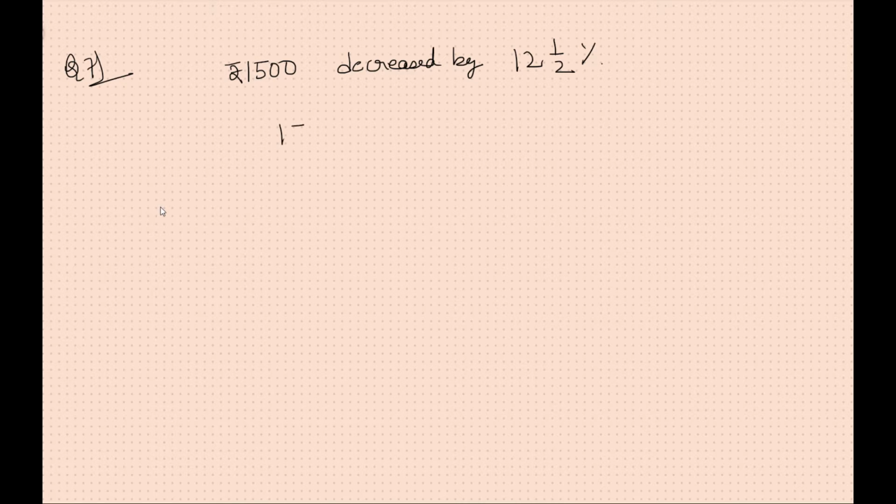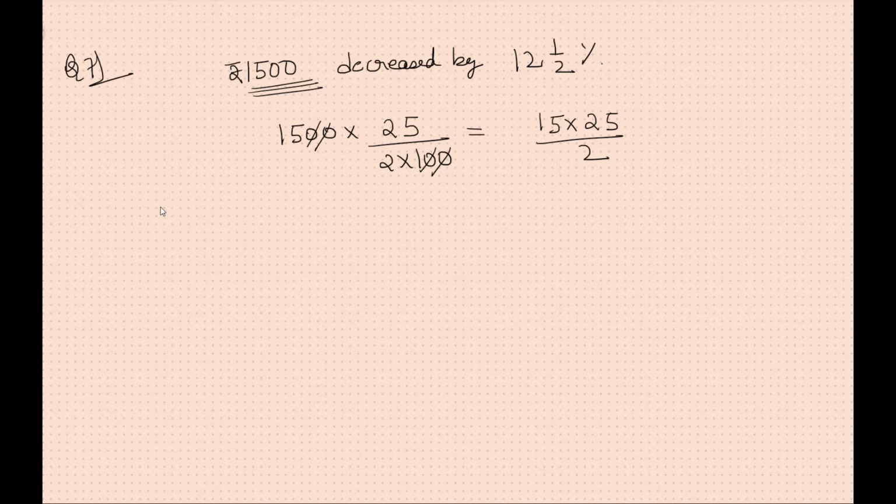So 1,500 into 25 upon 2 into 100. So first we find out the 12.5% decrease in the value of the shirt. So 0 cancelled. So this will be 15 into 25 upon 2, multiply.